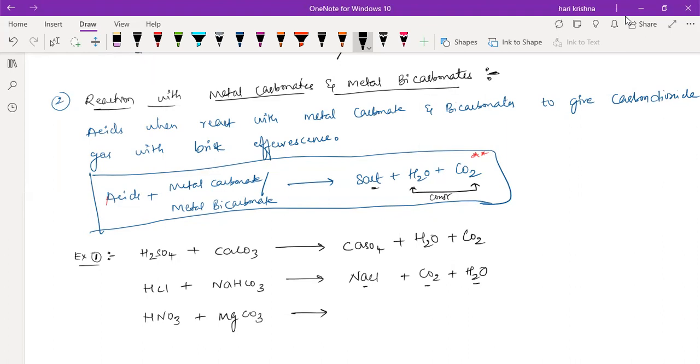What are the products that will be formed here? HCO3 plus MgNO3 taken twice. Udbhav, what is the answer?